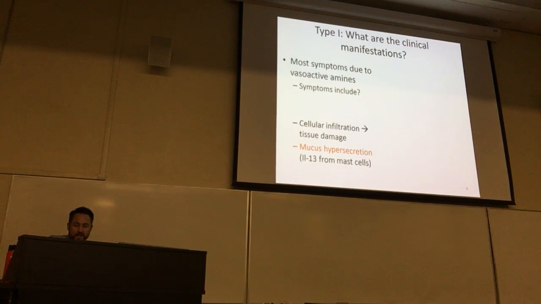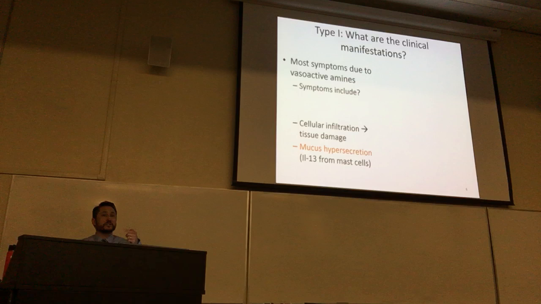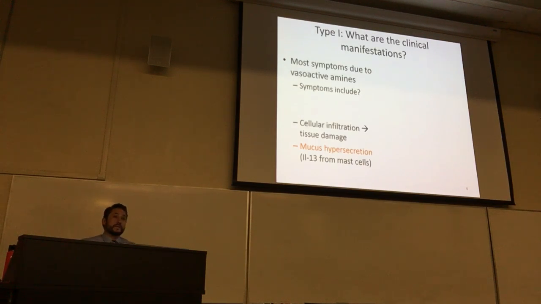In extreme circumstances, you might get actual bronchospasms. You can actually get constriction of the airways. So if you have allergies and you have allergy-induced asthma, then you might be around a cat or a dog or a certain olive tree pollen, and all of a sudden you start wheezing. That's the bronchospasm.